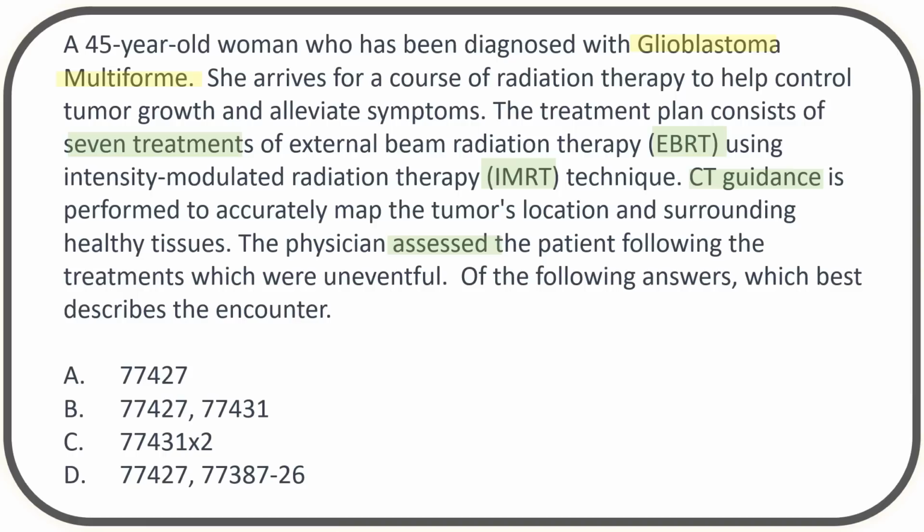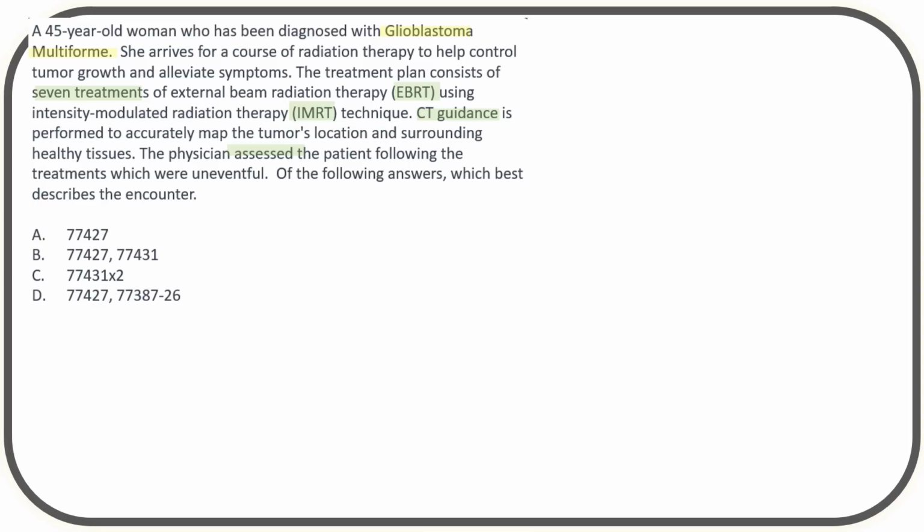All right, time's up. How did you do? Okay, so here are the key words: glioblastoma multiforme, 7 treatments, IMRT, EBRT, CT guidance, and that assessment. Assessment is required.